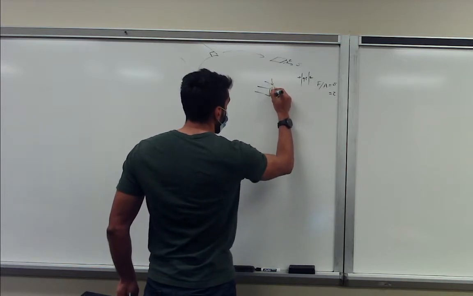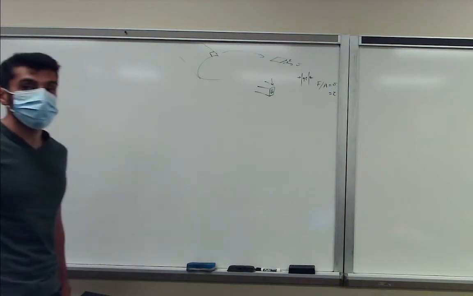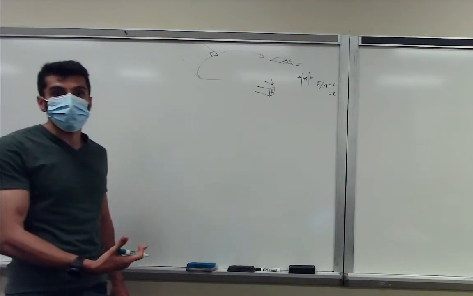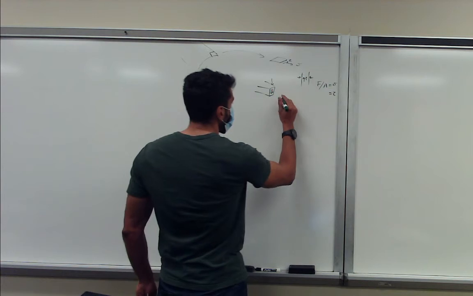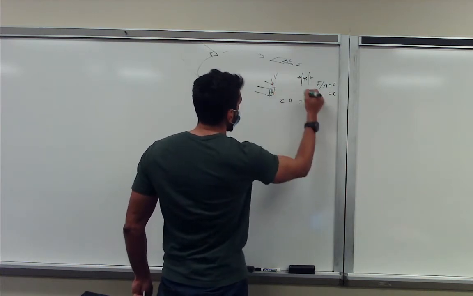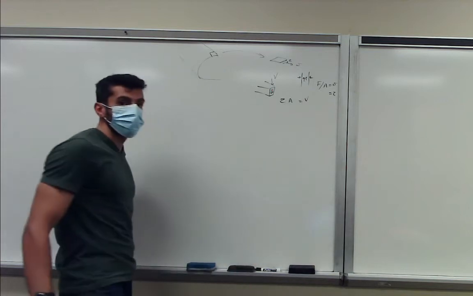Then we create some shear stresses in that section, and the shear stresses multiplied by the area would be equivalent to your applied forces, the external loads. So in this case, your shear stress multiplied by your area will be your vertical force V.